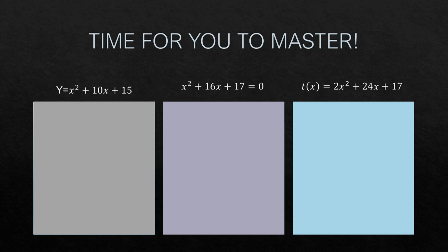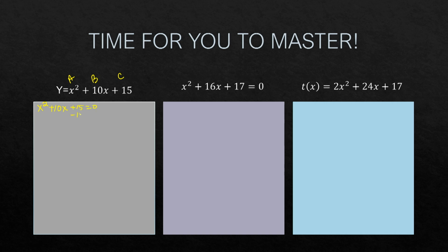So I know that I have 15 as my c. And do I have factors of 15 that will add to give me 10? I do not. So then what I'm going to do is I'm going to have x squared plus 10x plus 15 equals 0.